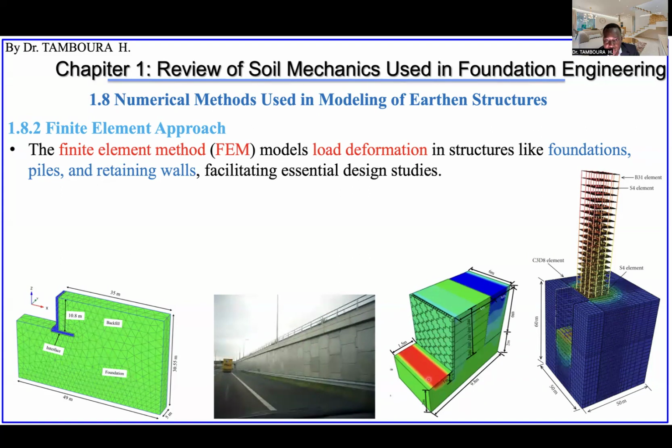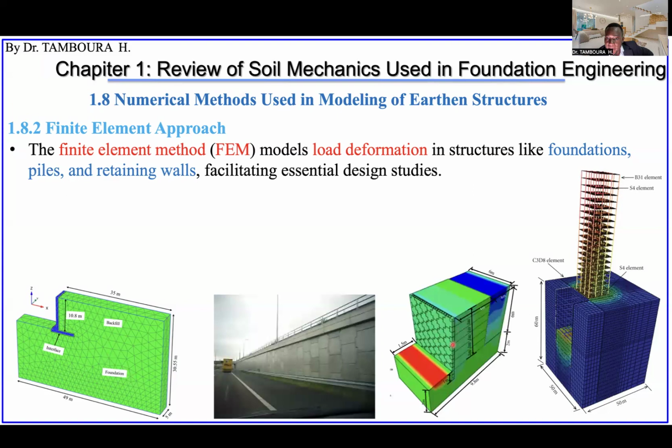And here, the road, cars are passing near this. And you can see how the cars, as a dynamic load, will affect the structure. And if the structure is stable, this is the result, exactly.